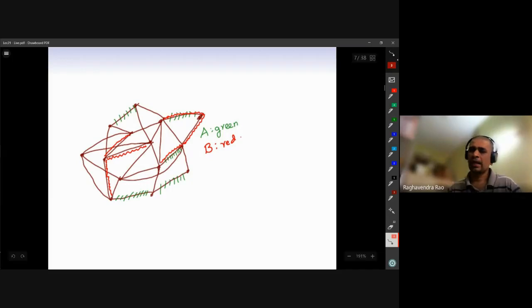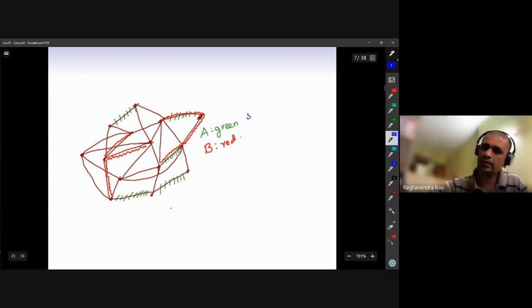Now B is red colored. So it is these 3 edges and this path of length 3. Now what is the number of edges in A? It is 5. Number of edges in B, 6.